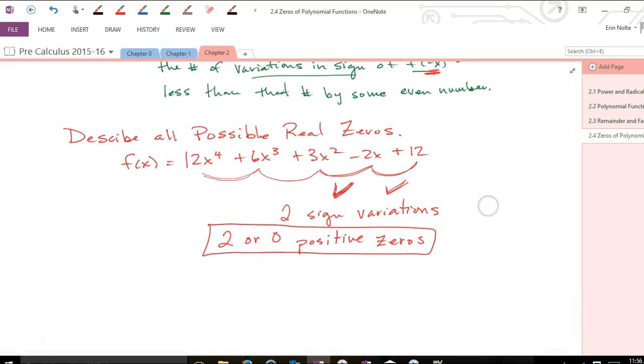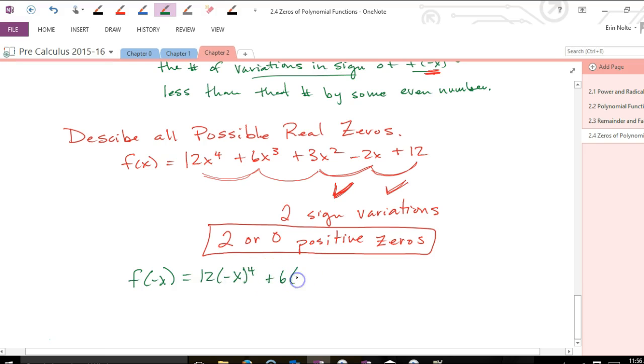So for this one, if I plug a negative x into all of the x's, I have negative x to the 4th plus 6 times negative x to the 3rd plus 3 times negative x squared minus 2 times negative x plus 12.